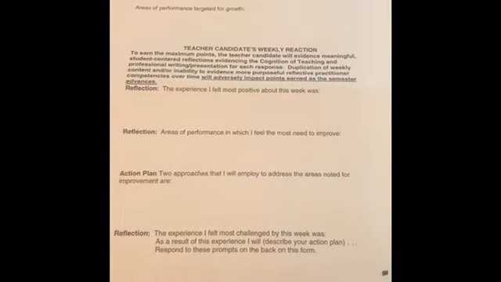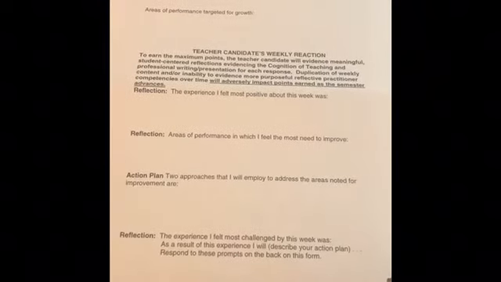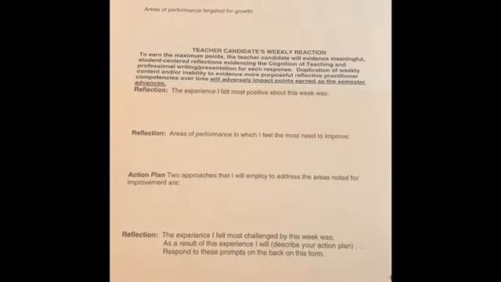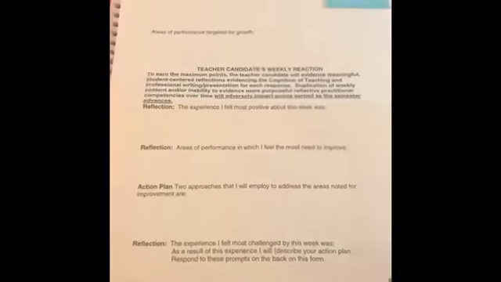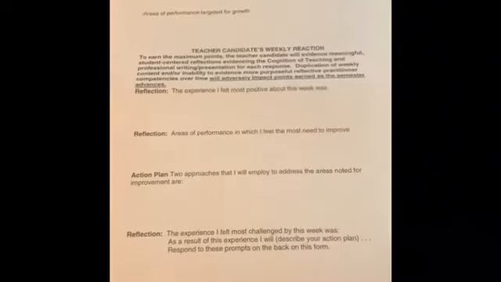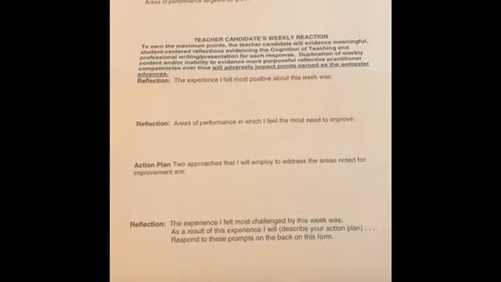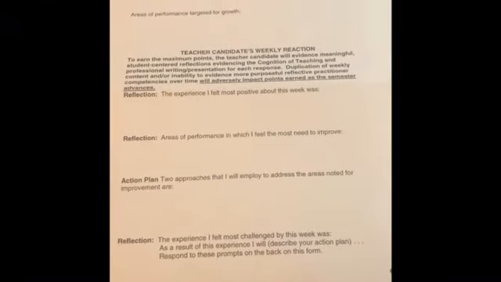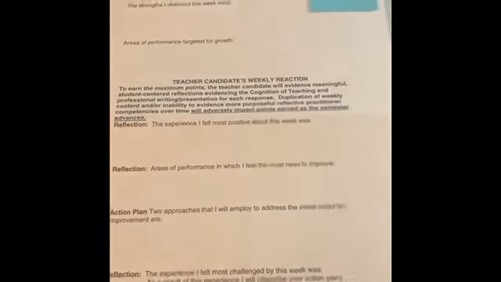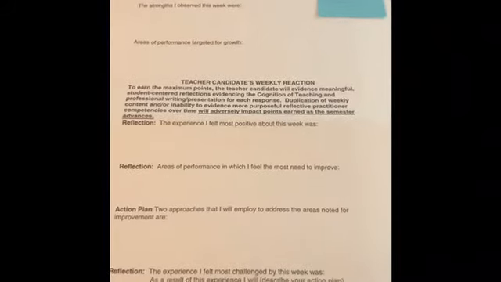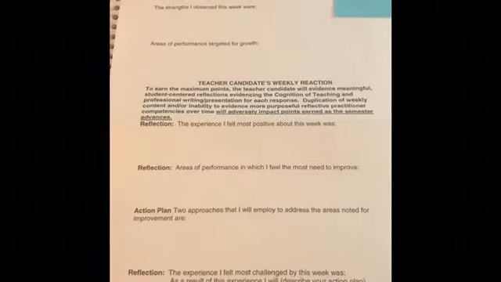Just make sure that you print it and get it in your folder for your supervisor to see prior to any of your visits. So we ask that you fill out the teacher candidate section first, and then you give it to your cooperating teacher so that they can discuss the strengths that they've observed, as well as any areas that they would like for you to target for growth.